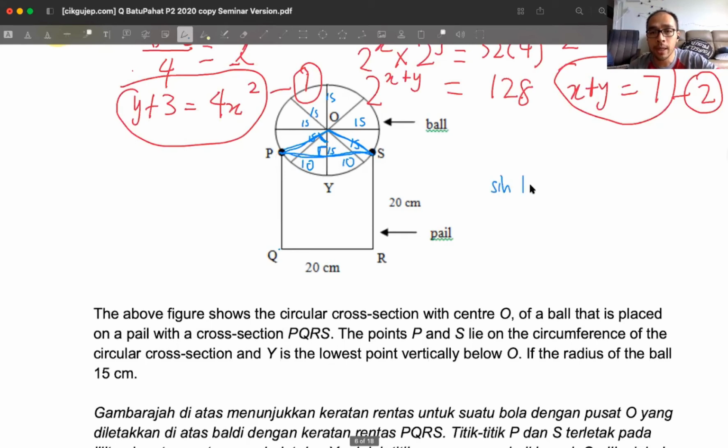Sine POY equals 10 over 15, because this is 10, this is 15, and it's opposite. Then you get POY equals to yada yada yada. Once you get POY, then you get POS, which is just that times 2.